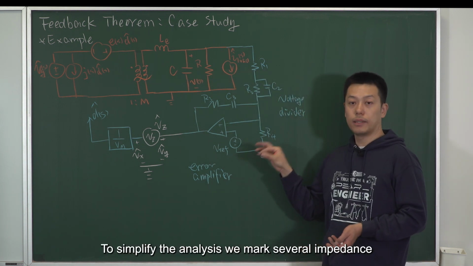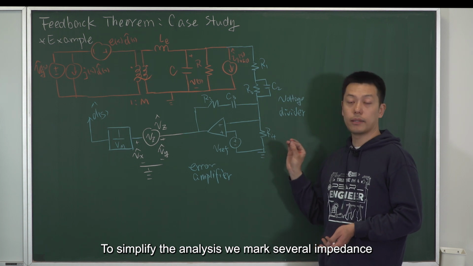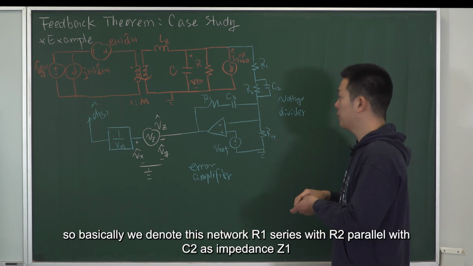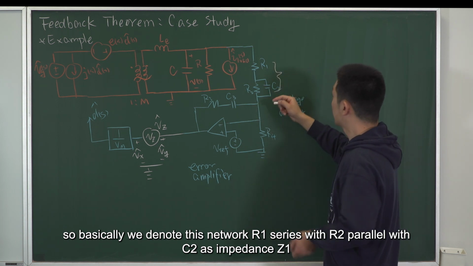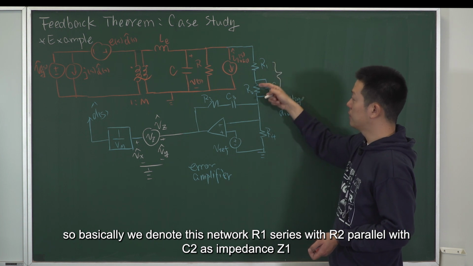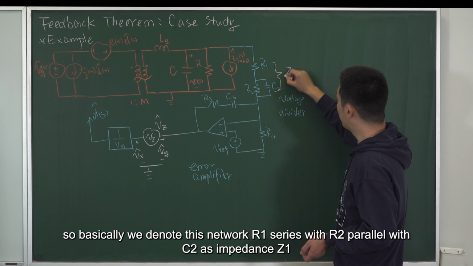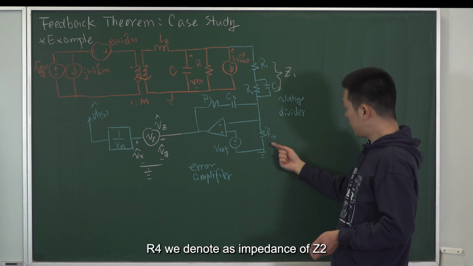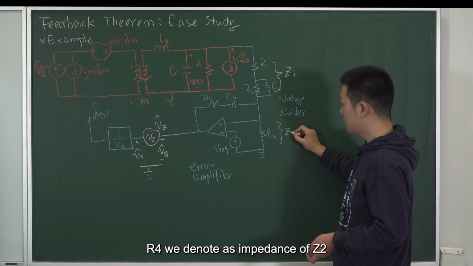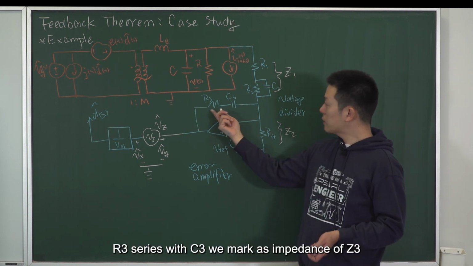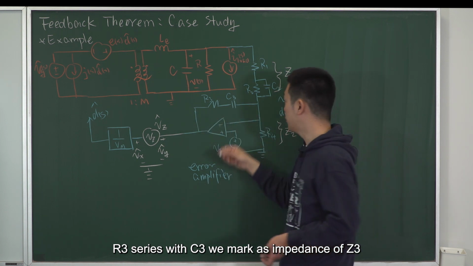To simplify the analysis, we mark several impedances. The network R1 in series with R2 parallel with C2 is denoted as impedance Z1. R4 we denote as impedance Z2. R3 in series with C3 we mark as impedance Z3.